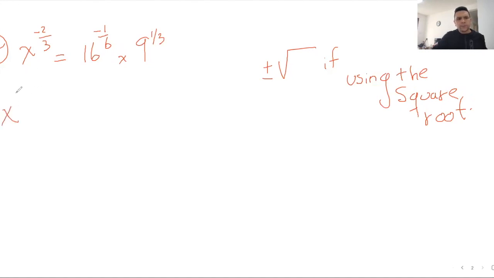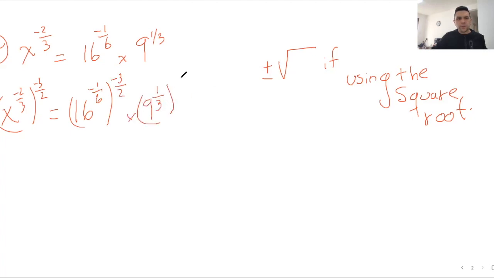So that's going to be negative 2/3 raised to the negative 3 over 2 equals, and I have to do the same to every other term. Raise it to the negative 3 over 2: 16 to the negative 1/6 times 9 to the 1/3, raised to the negative 3 over 2.